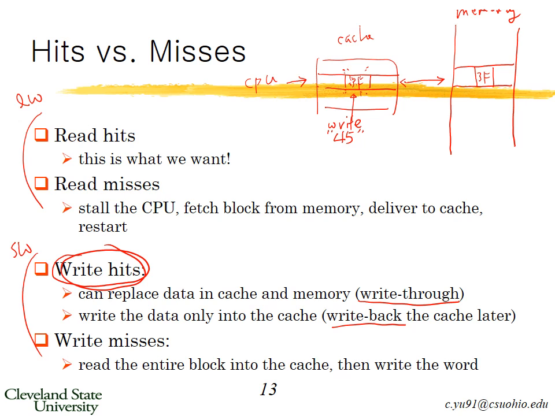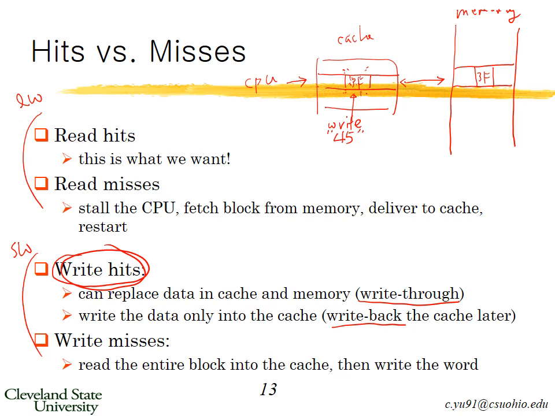That's it. A write hit is somewhat more complex than a read hit because, for example, I drew the picture on the top right corner. There is a memory and a cache, and there is a block which contains the value 3F.